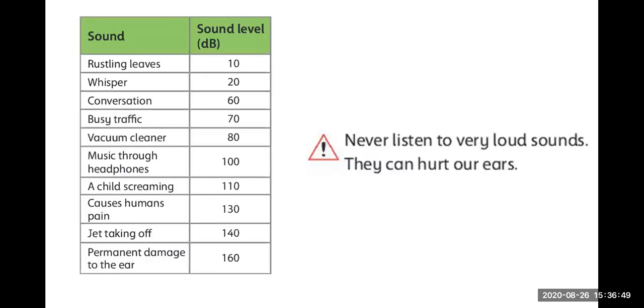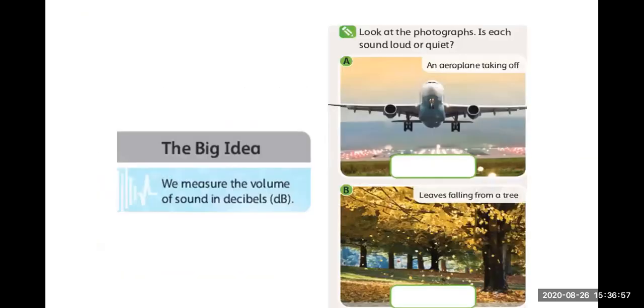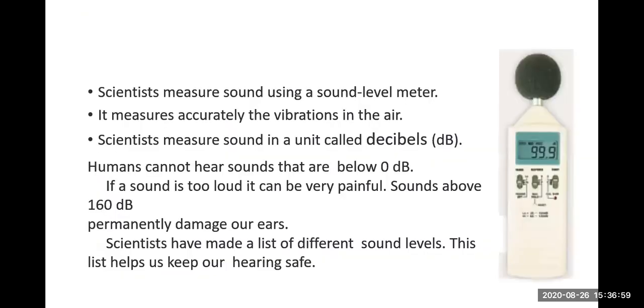Okay, and we said that the sound unit is decibel, and we learned that the human ear can hear between 0 and 160 decibels. If it is under 0, we cannot hear.